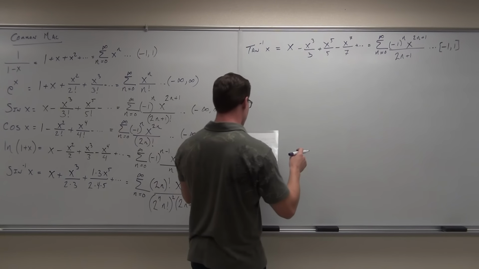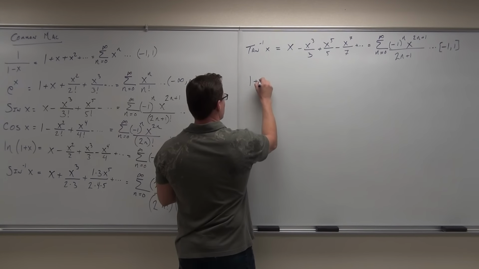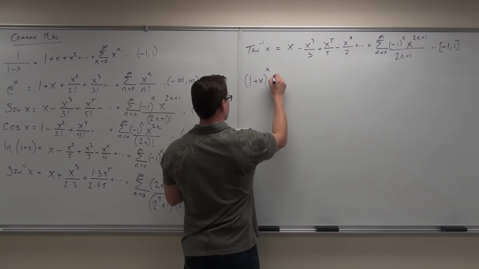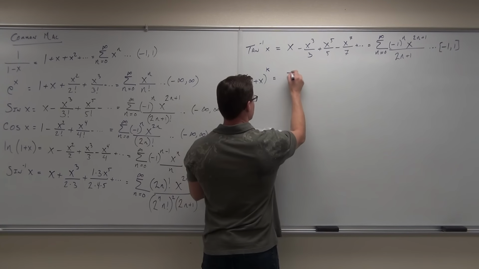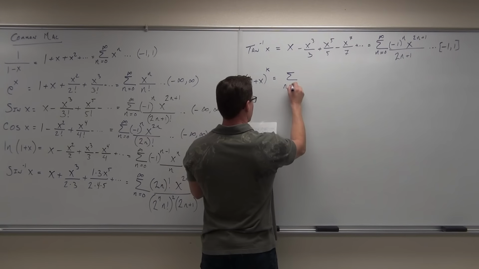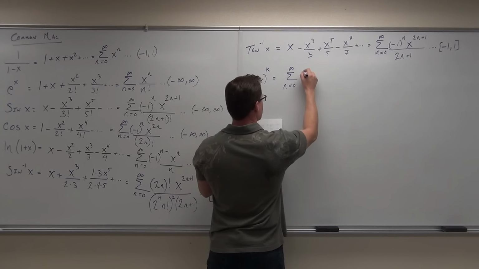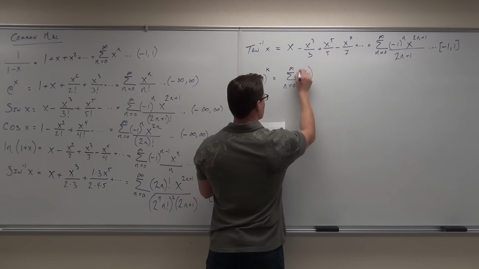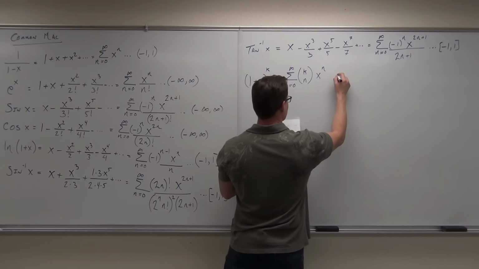Okay, last one, we just did it. If you have 1 plus x to the k, this thing is equal to the series, we just showed it, n equals 0 to infinity of binomial coefficients times x to the n, and it converges on -1 to 1.